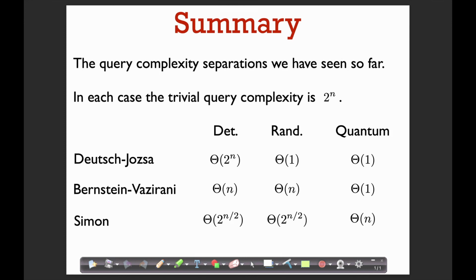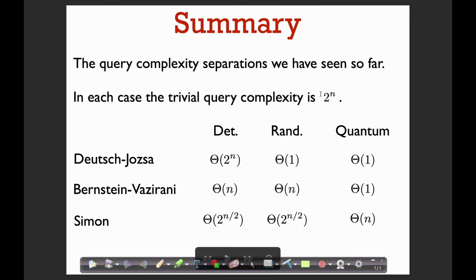And here's a summary of all the quantum algorithms that we've seen so far. The first one we saw was Deutsch-Jozsa. The deterministic complexity of this was near maximal, but it's very easy for both randomized and quantum algorithms. Then we saw Bernstein-Vazirani, which also achieved a separation between quantum and randomized algorithms.